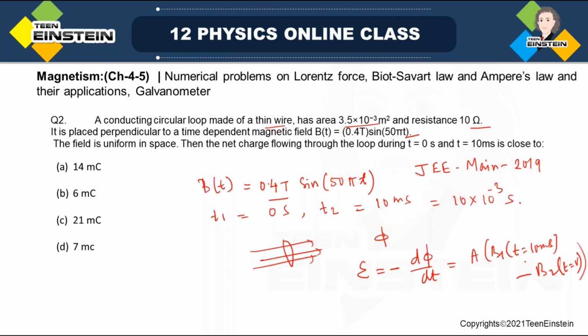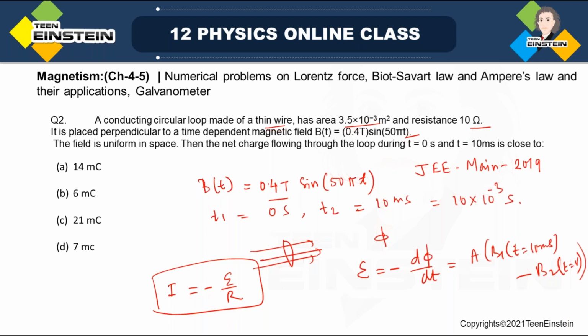And this would give you the EMF, right? So we know the rate of flow of charge is actually current. So we have to find out the current during this time interval.